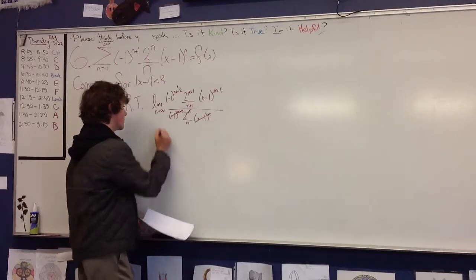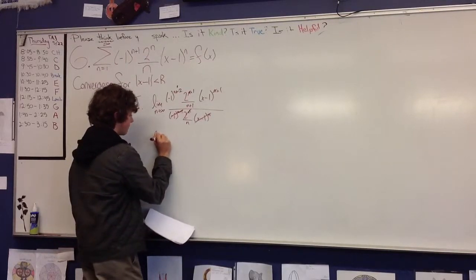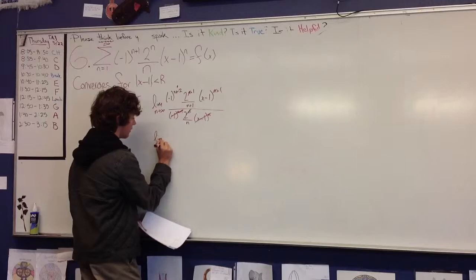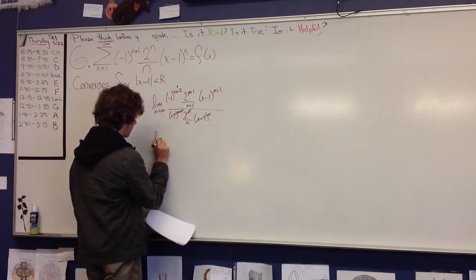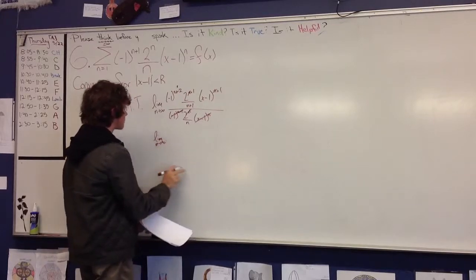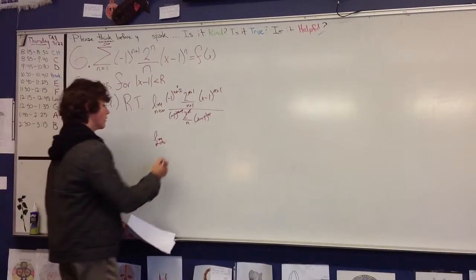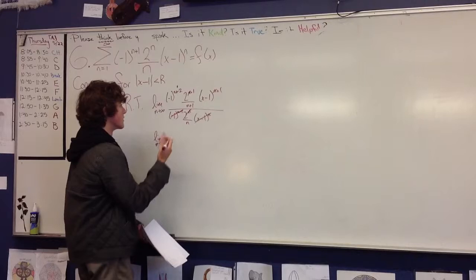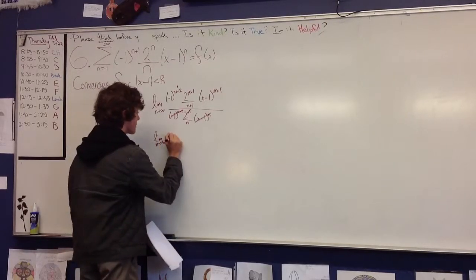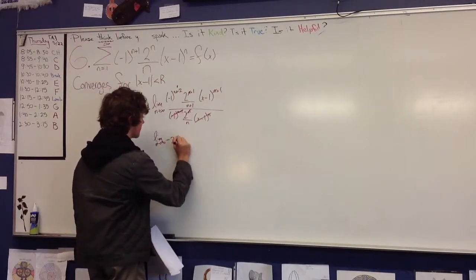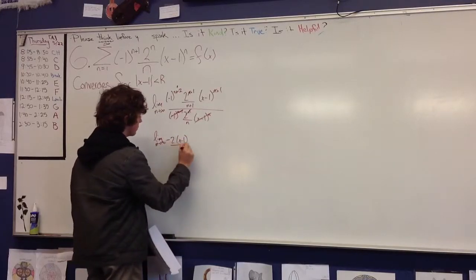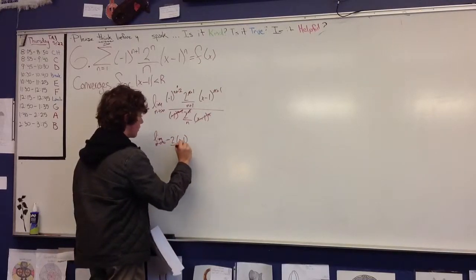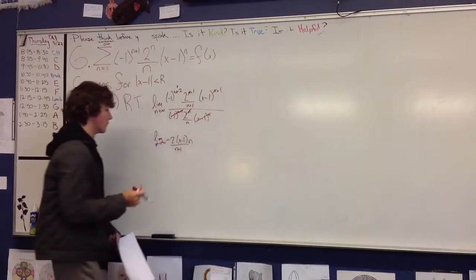So you're left with the limit as n approaches infinity of negative 1, since it's just negative 1 to the 1, times 2 to the 1, times x minus 1 to the 1, over n plus 1 times n. And this is how it simplifies.